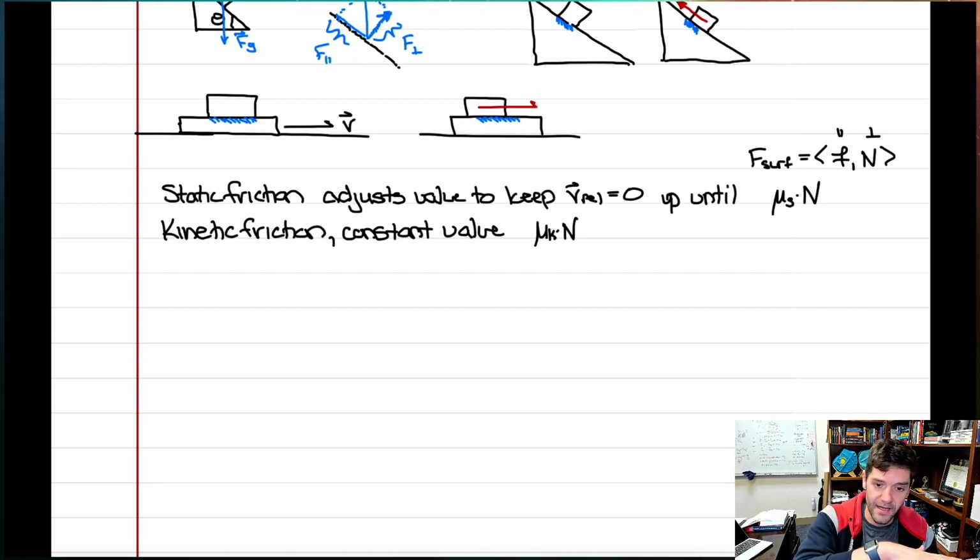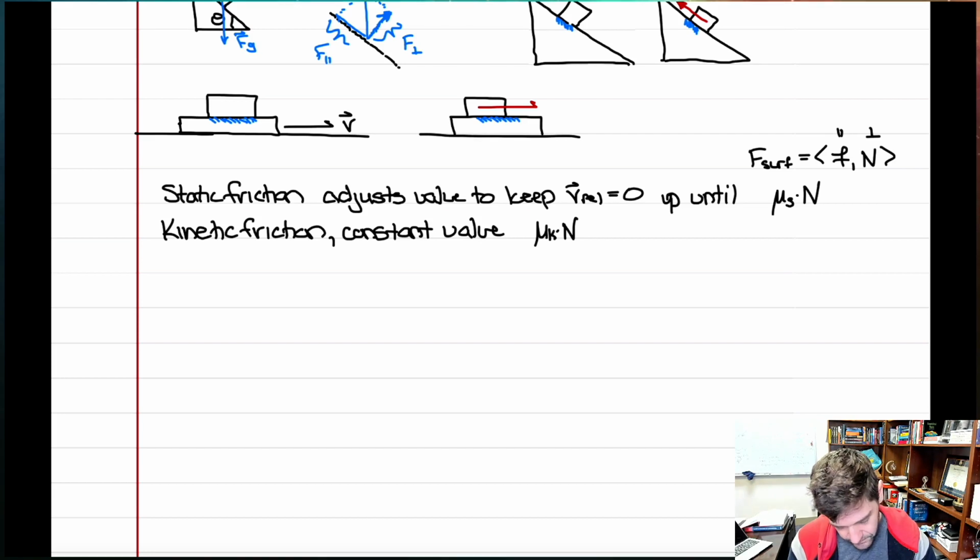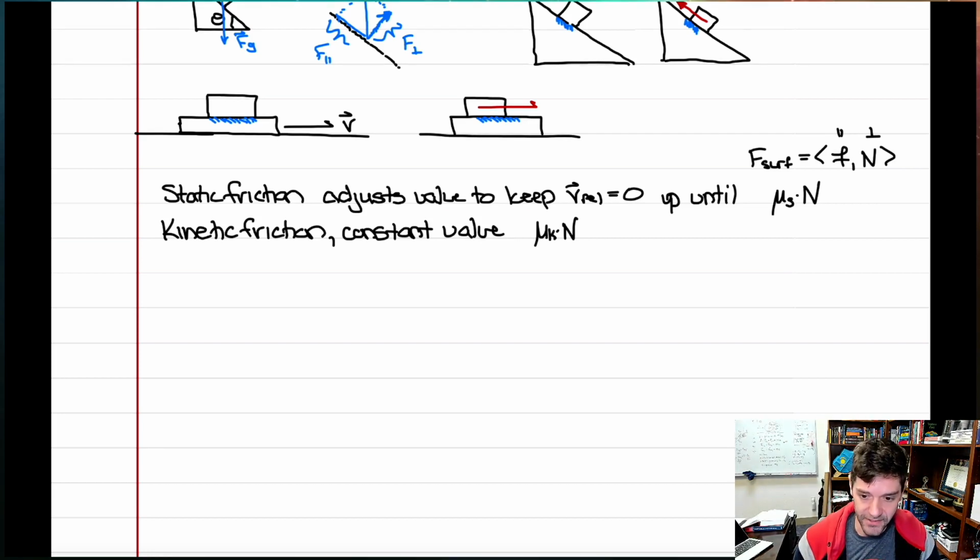So there, it's not any value between 0 and mu sub s times n, but it just becomes a constant value, mu sub k times n. And that's friction acting to eliminate relative motion. So good things to remind ourselves of.